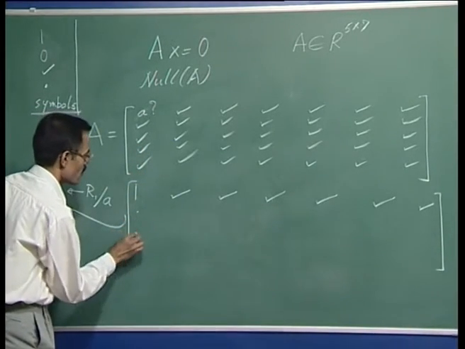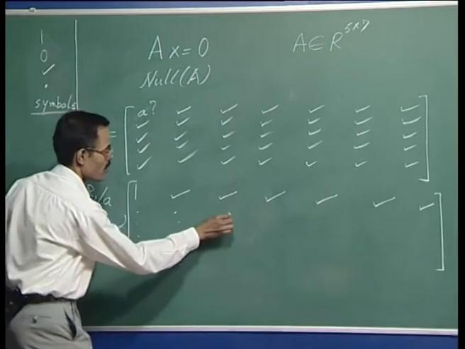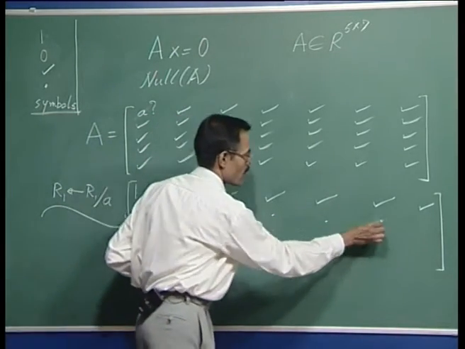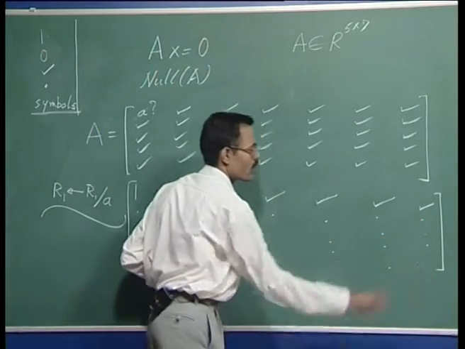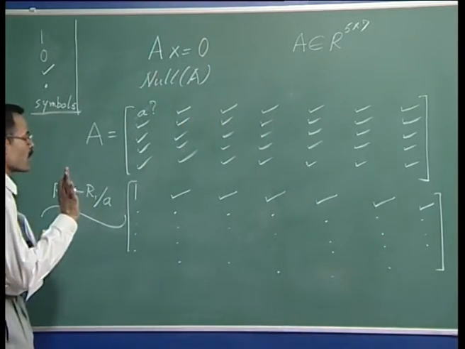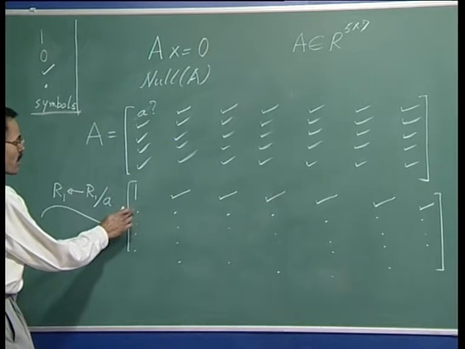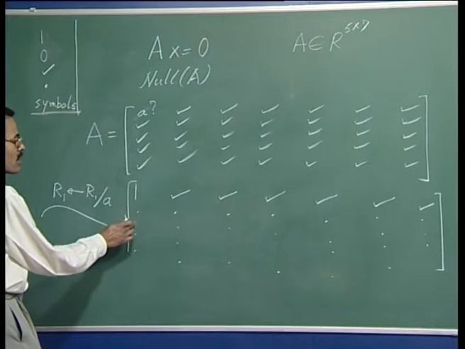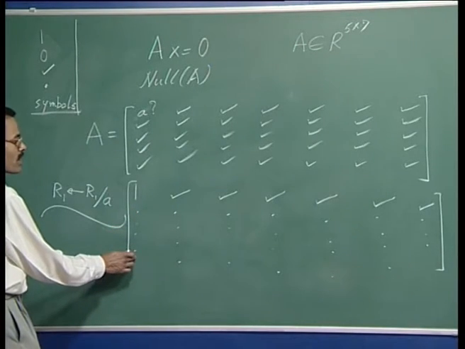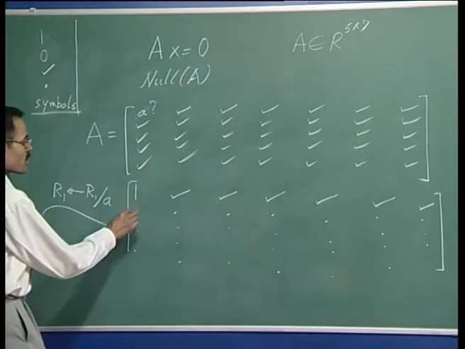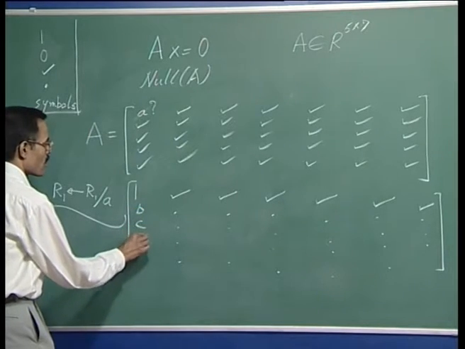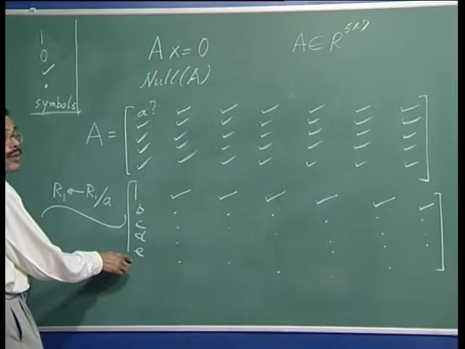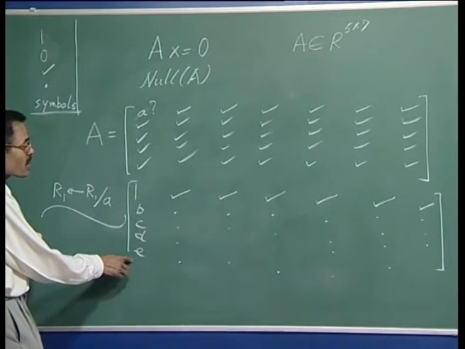Right. So, these do not get changed. Our next intention will be to get zeros here, right. Right now, what are there? There are 4 numbers sitting here. Let us give them some names. How do we get zeros here? From elementary row transformations.